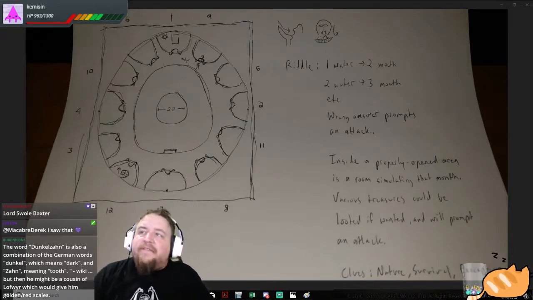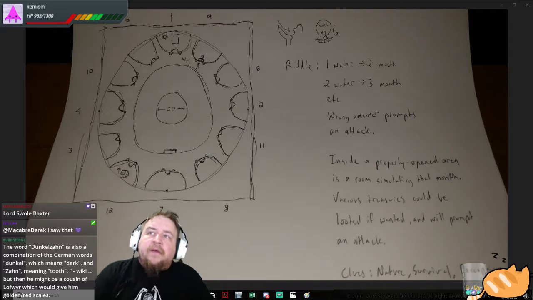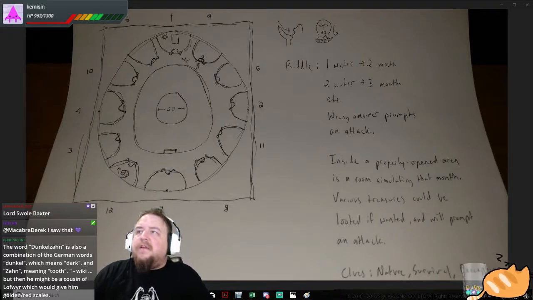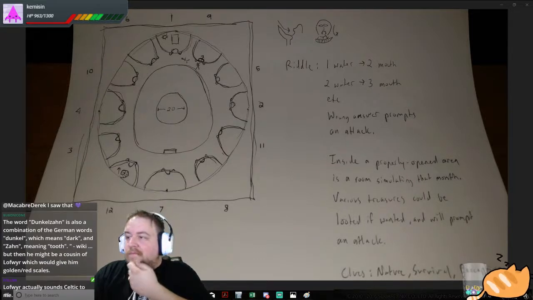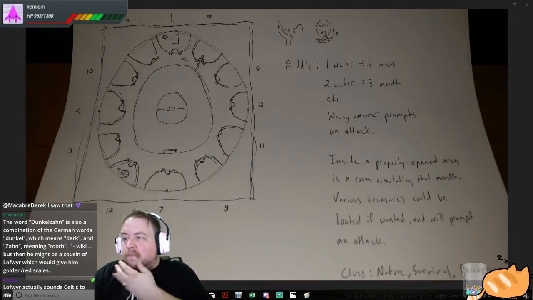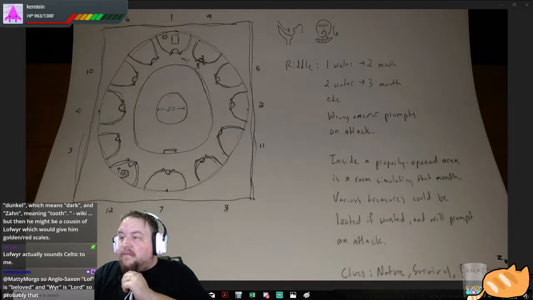So I wish Nanavi or Party Gnome, or oh, we have some other people up in Norway and Denmark and such. Oh, you think it sounds Celtic? So Anglo-Saxon, Loaf is beloved and Weir is lord, probably.